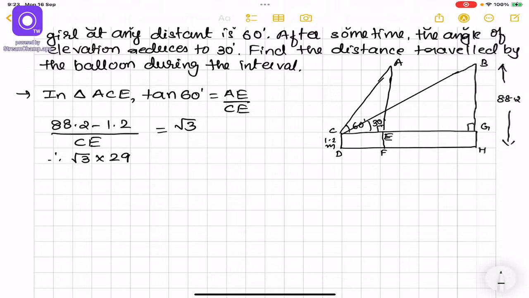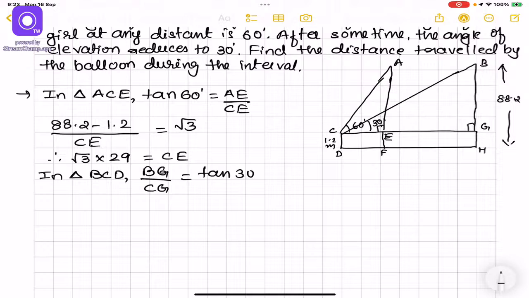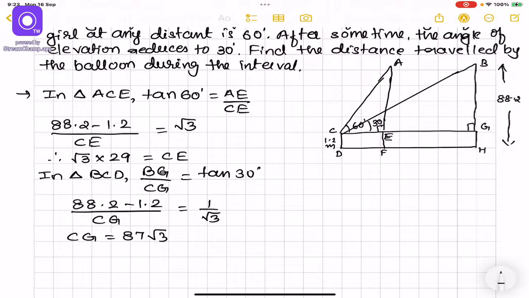Now in triangle BCD, BG upon CG equals tan 30. So 88.2 minus 1.2 upon CG equals 1 by root 3. Again doing the same thing, CG will be 87 root 3. I have rationalized it.